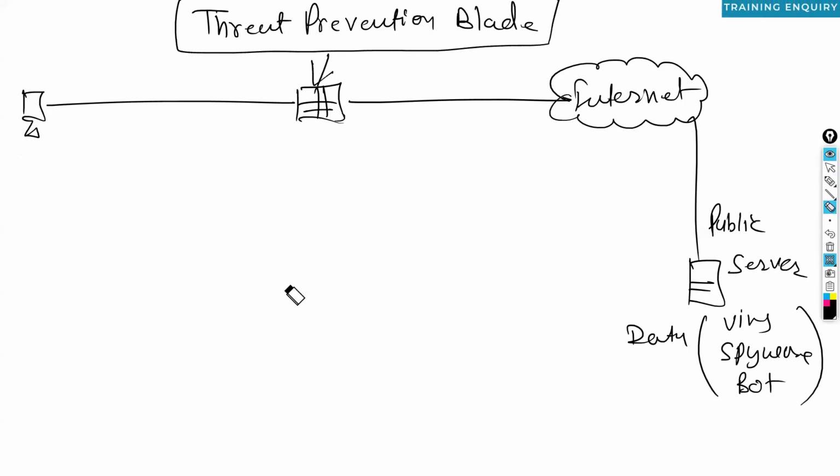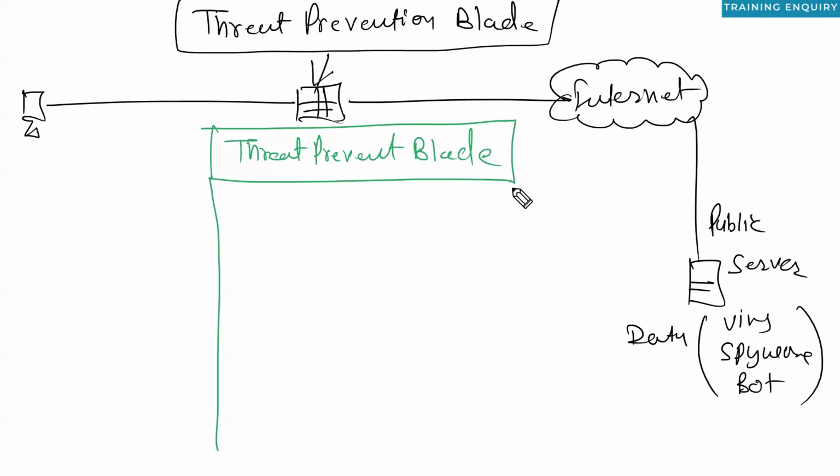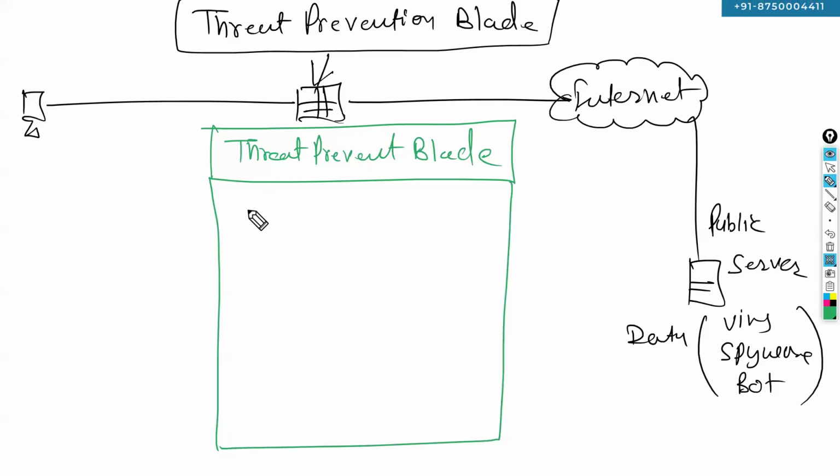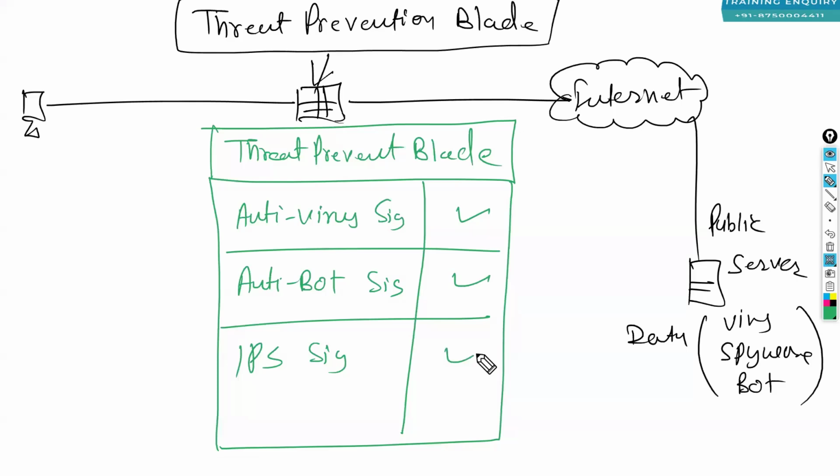So when we enable the threat prevention blade, you will enable three things. First, antivirus signatures. You will enable anti-bot signatures and IPS signatures. So you will enable three things: antivirus, anti-bot, and IPS signatures.